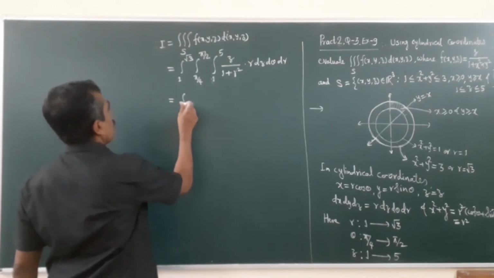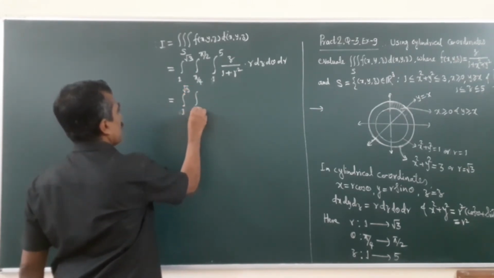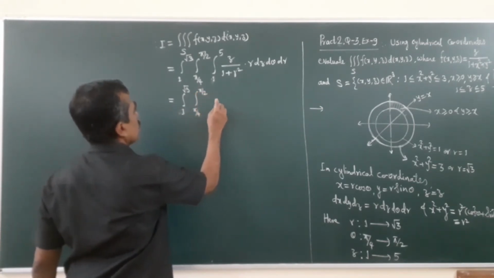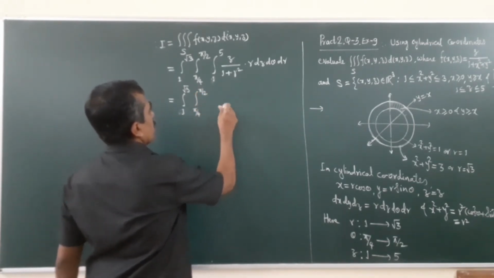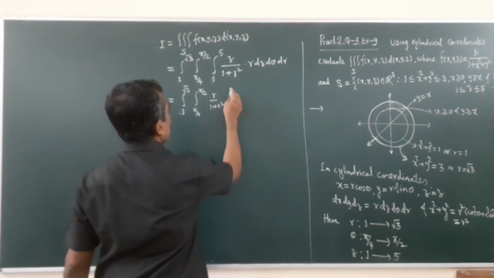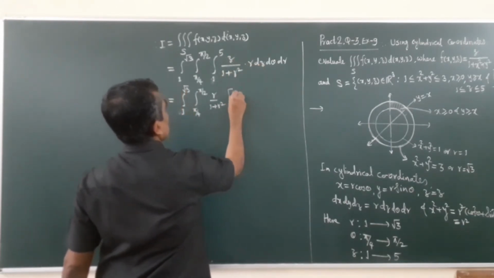Integral 1 to root 3, integral pi by 4 to pi by 2. Now I will write r over 1 plus r square. Now what is the integral of z with respect to dz?